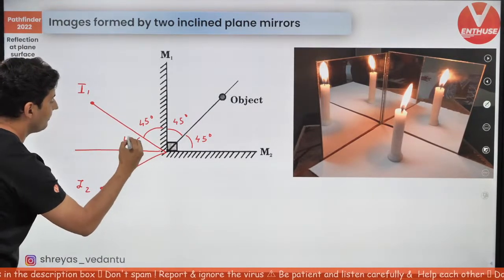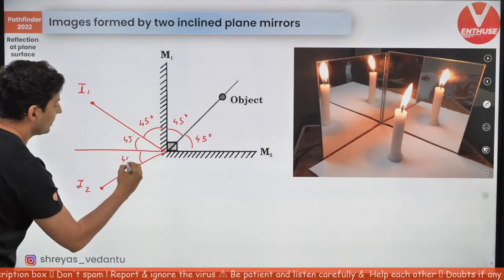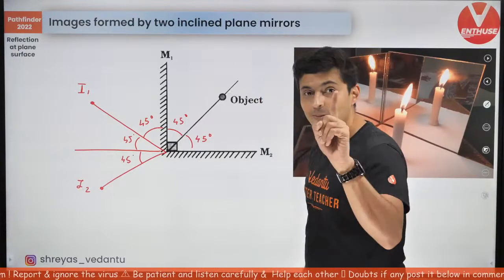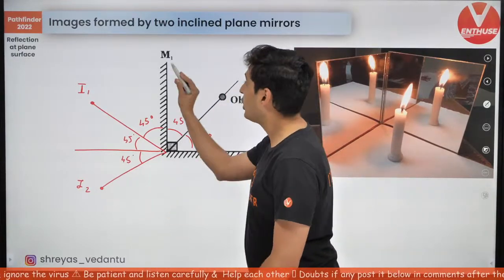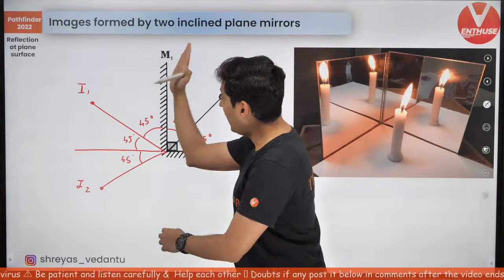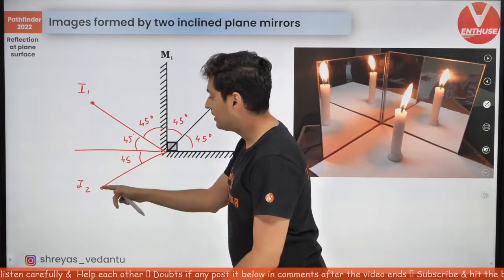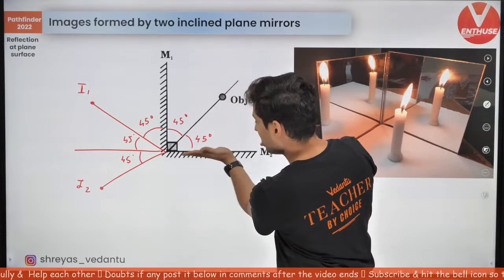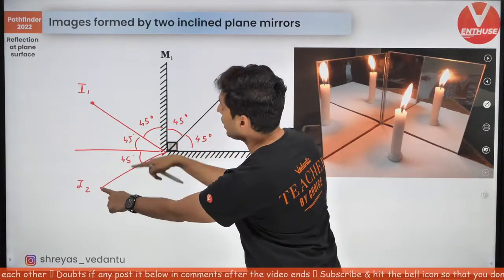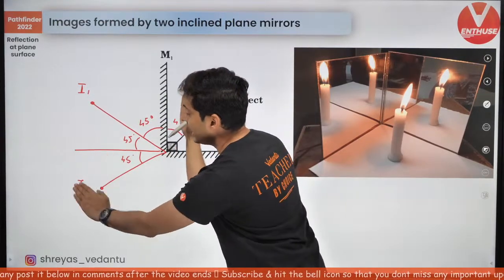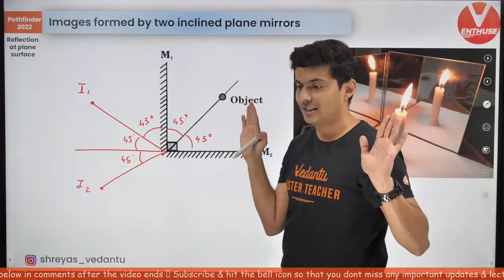If this is 45 degrees, this will be also 45 degrees. Now you need to stop. Why? This image will be the object for this mirror, but this object is behind the mirror. I'll repeat. This image, which was reflected by mirror 2, is now the object for M1, but for M1, this I2 is behind the mirror, so no further reflections.